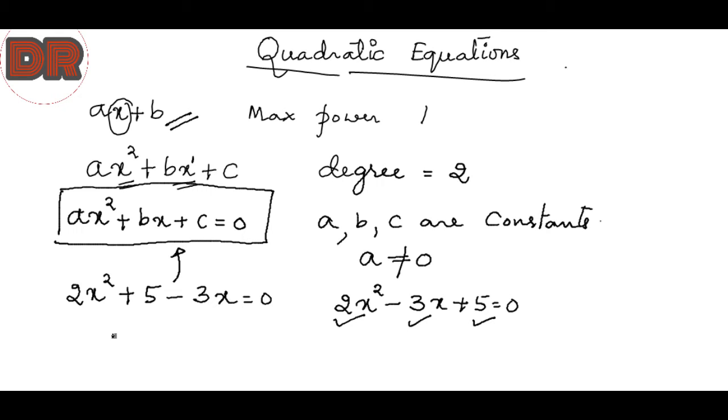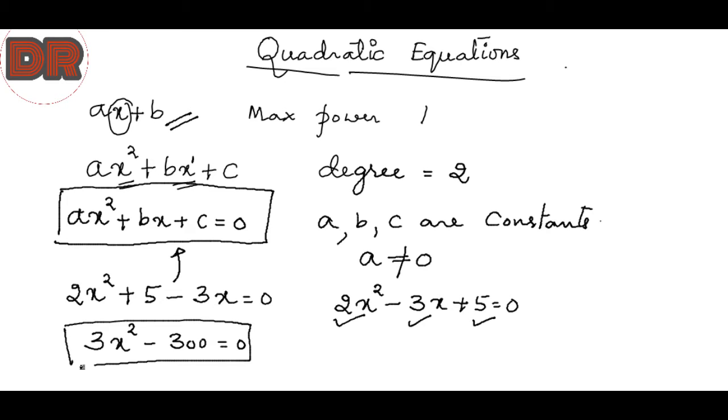Now suppose I take 3x square minus 300 is equal to 0. This is also a quadratic equation, because it has a variable with maximum power 2.